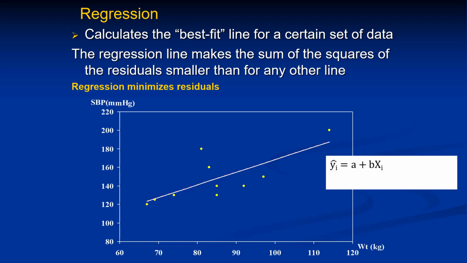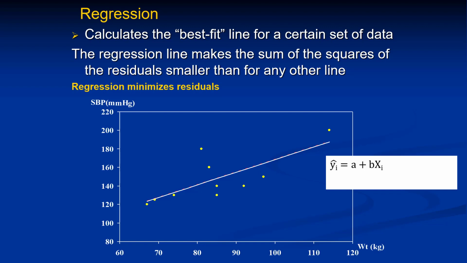The difference between the observed and predicted score for each case is called a residual or prediction error. It is expressed as y sub i minus y hat sub i for case i. For the best fit line, we use the method of ordinary least squares.